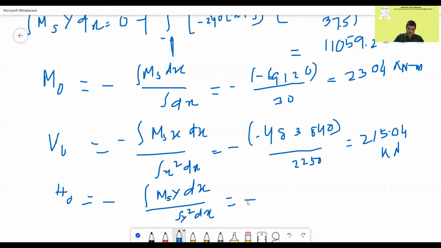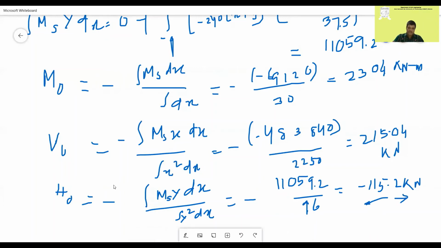This comes out to minus 1105.92 divided by 96, the value we found for ∫y² dx. So it comes out to be minus 115.2. So it will be in the opposite direction. It was taken right, so it will be left. So H0 we have taken like this, so it will be like this now. So all these reactions are now obtained.